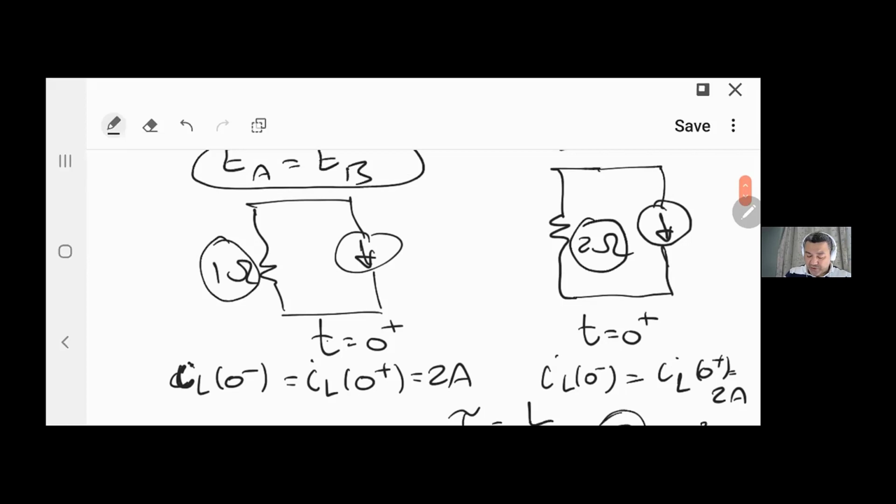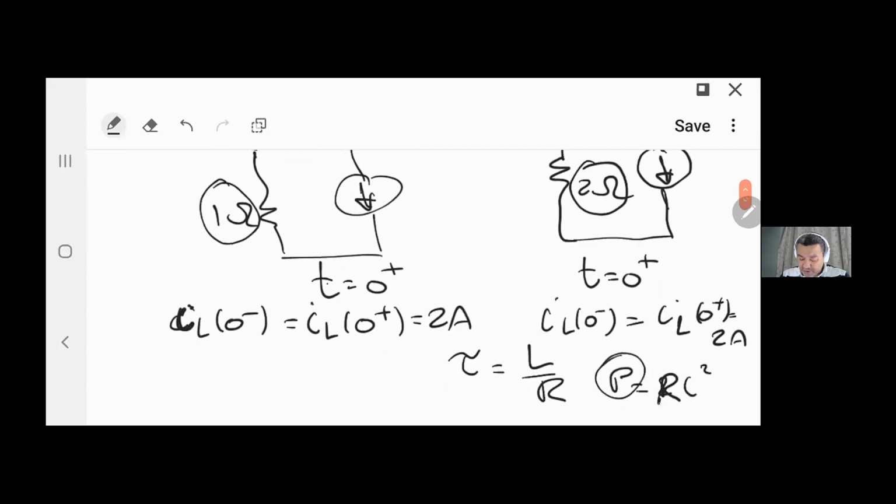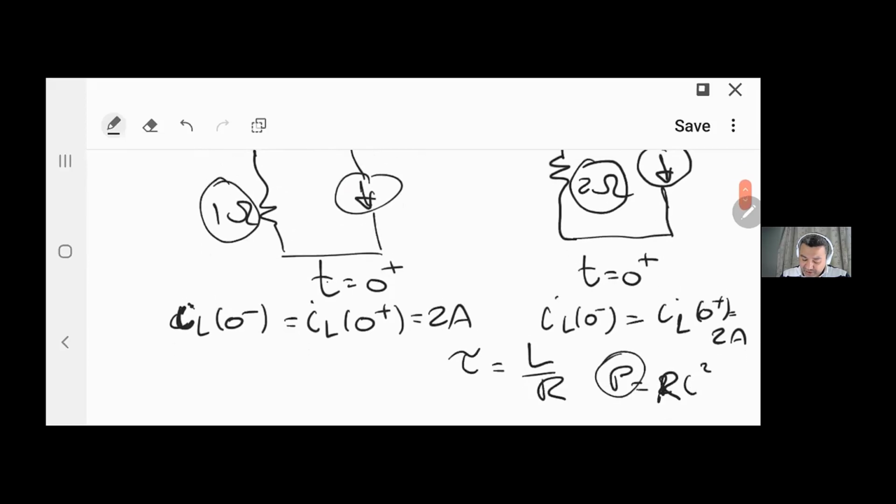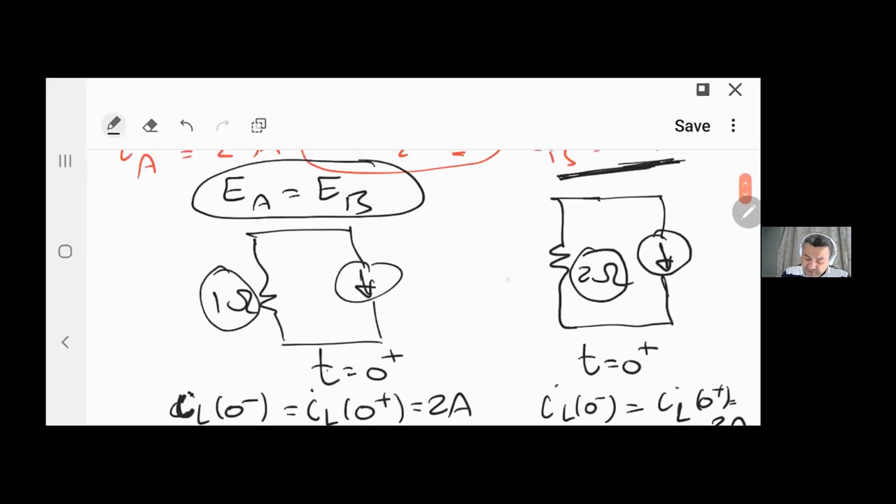If you think about it, look at the tau. The tau for this circuit, tau for B, this is B, this is A. Tau for B is smaller than tau for A, right?